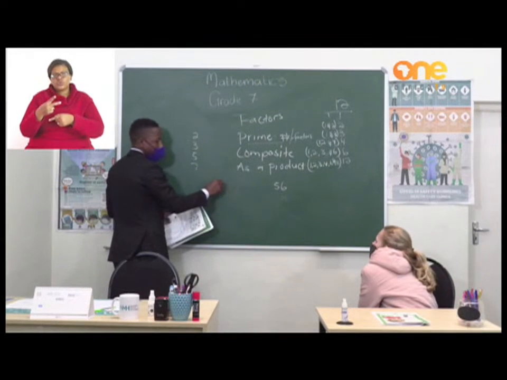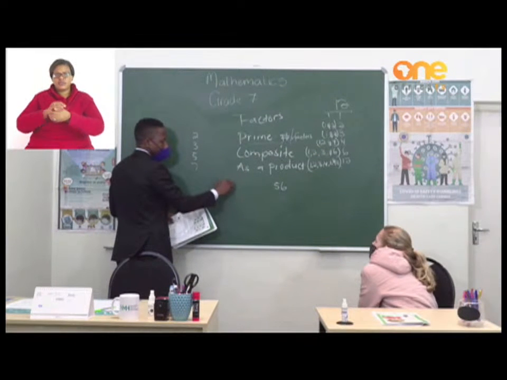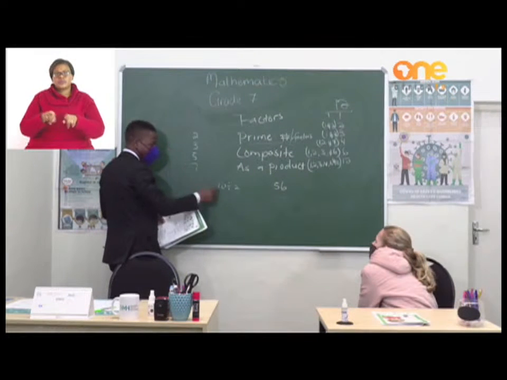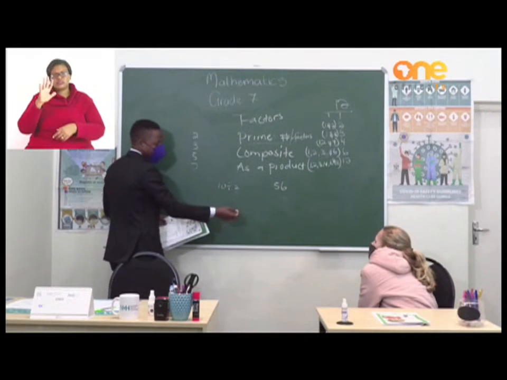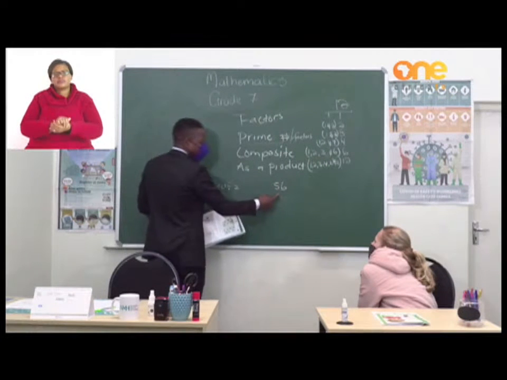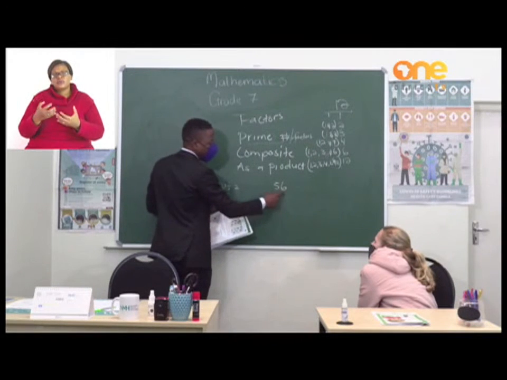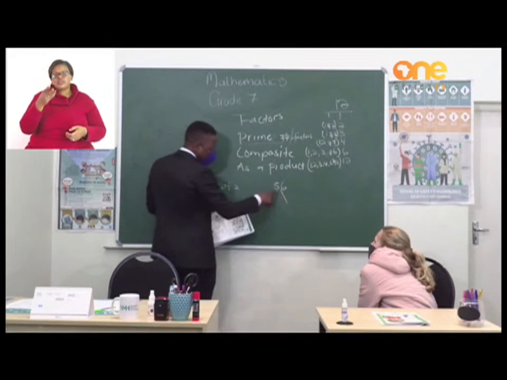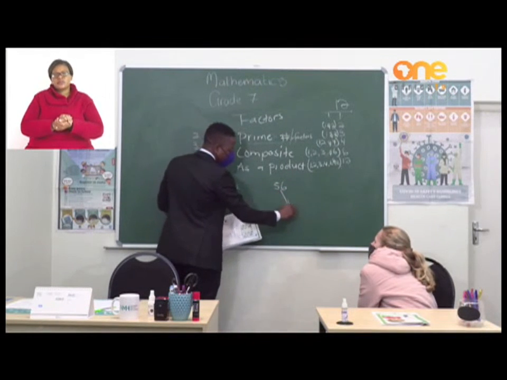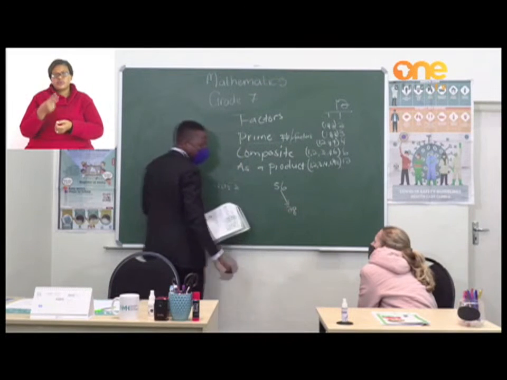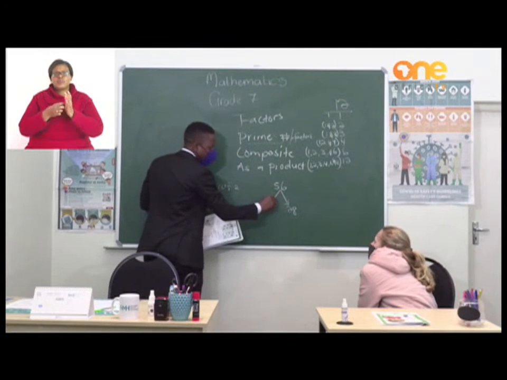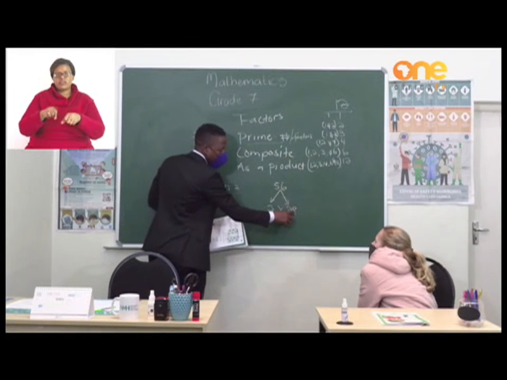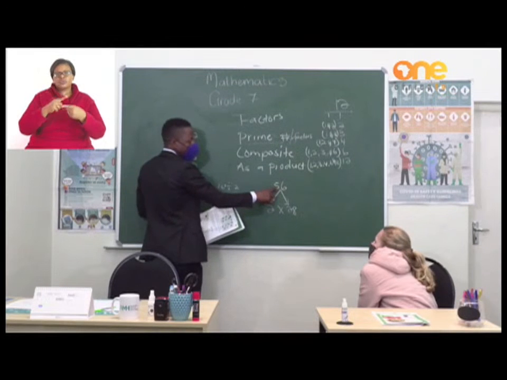Just an example, 10 divided by 2 gives you 5. It's the same as saying half of 10 is 5. So in this case, we need to halve. If you halve 56, you get 28. It means if I multiply 2 times 28, it must give me 56.